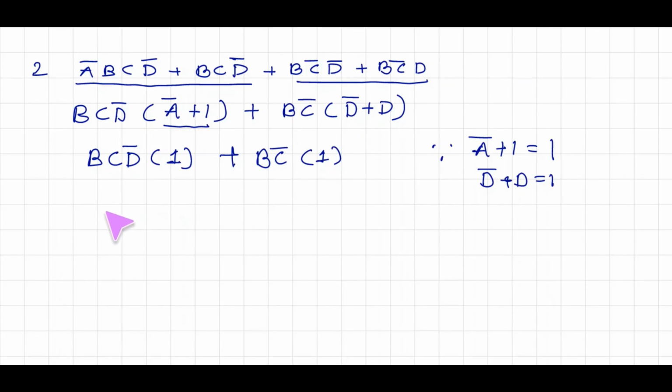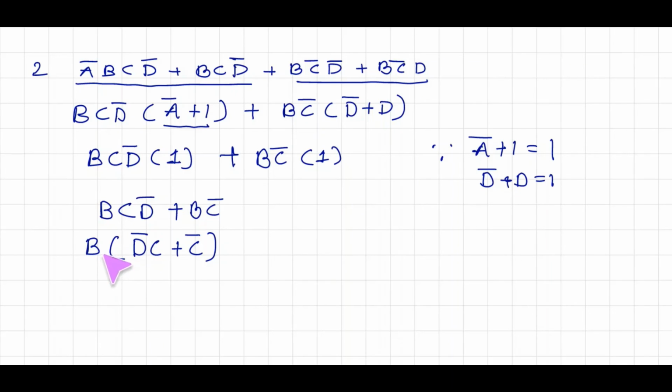So finally we get b c d bar plus b c bar. So again from this expression we can say b into d bar c plus c bar, since c bar d is equal to d bar c.